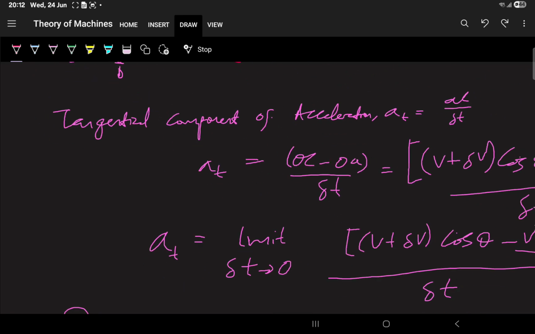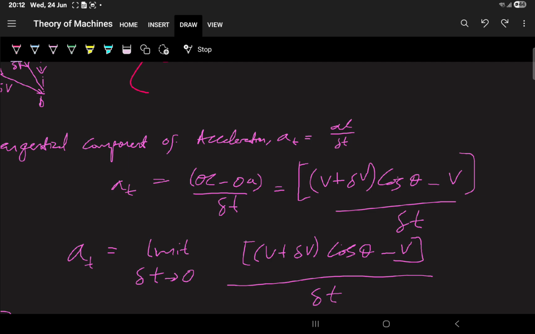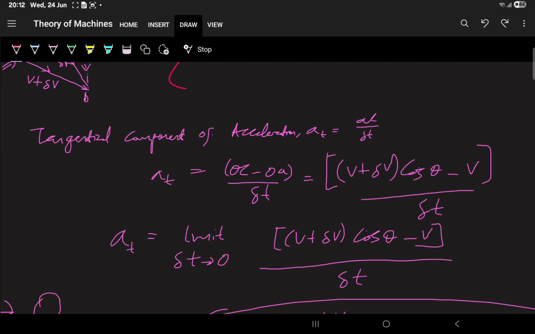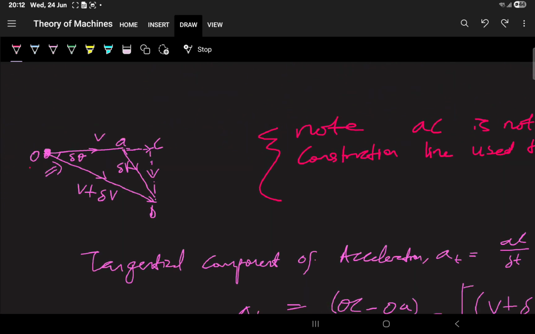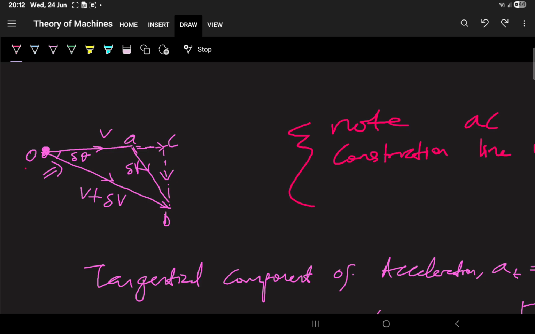Now let's move on. Right here is the tangential component of the acceleration, ET. We also come to the tangential component of the velocity. Now, the tangential component of the acceleration, remember, we need it along here.